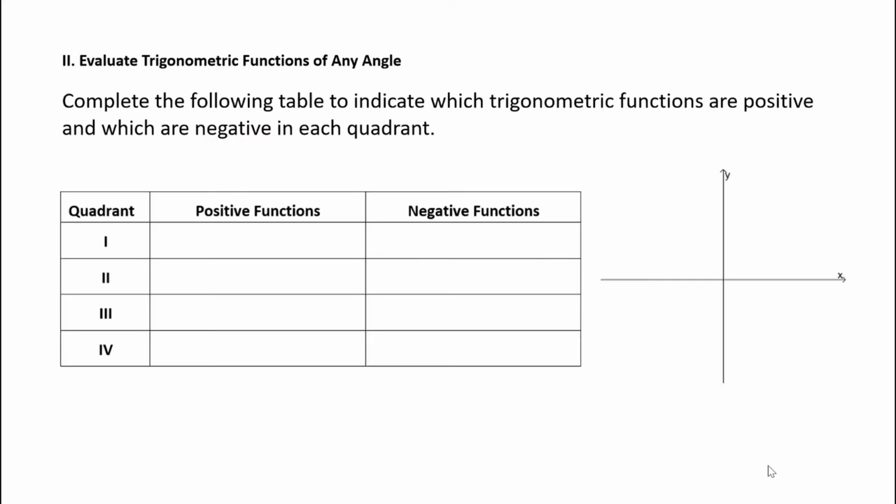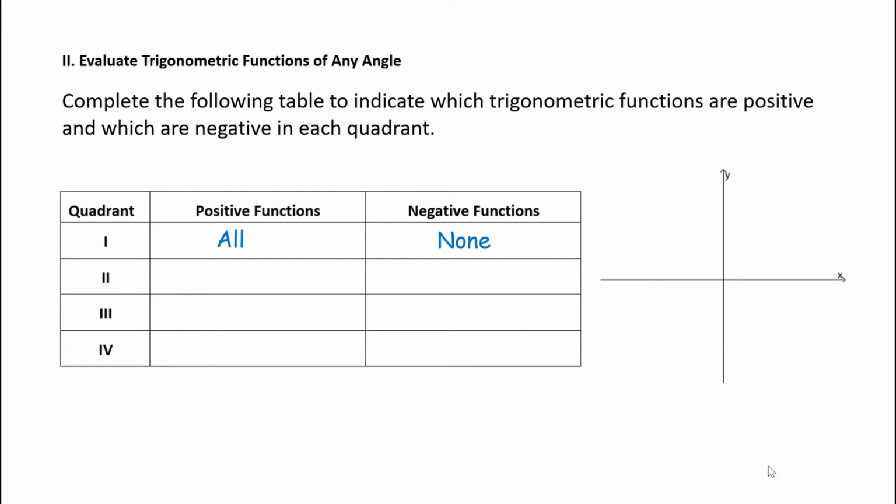Roman numeral 2. Evaluate trigonometric functions of any angle. Complete the following table to indicate which trigonometric functions are positive and which are negative in each quadrant. In quadrant 1, all trig functions are positive, and so that also tells us that there are no negative trig functions.